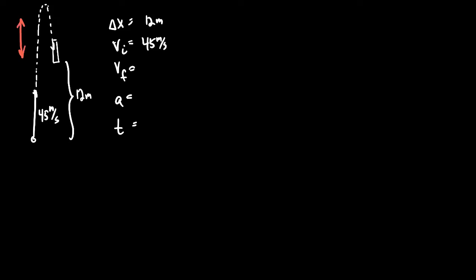Do you want up to be positive or up to be negative? All righty. Up is positive, which tells me that it's positive 12 meters, positive 45 meters per second. That's only two pieces of information. I need something else. Acceleration of gravity. Yep. This object is being accelerated by gravity, 10 meters per second squared, and it's being accelerated downwards, so that's negative.